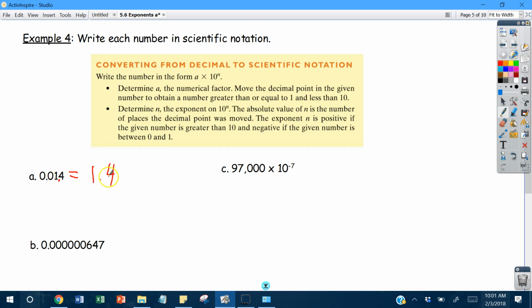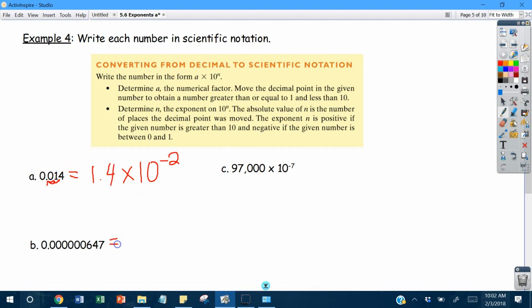And then I need to multiply it by 10 to a power so that if I do that, this decimal ends up moving 2 places to the left this time to get my original number back. So if I multiply it by 1, 2, that's going to be 10 to the negative second power will give me my original number back. So if you put this in your calculator, 1.4 times 10 to the negative 2, you end up with 0.014, which is what we started with.